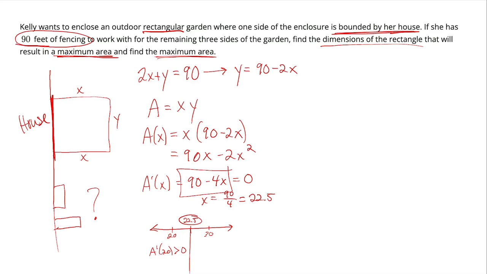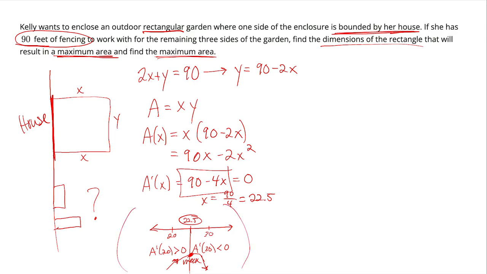Because it's 90 minus 4 times 20, which is 80. So increasing, so that's good. Then plug a 30 in, what do you get? 4 times 30 is 120. 90 minus 120 is certainly a negative, so that's decreasing. Aha! So we do, in fact, get a maximum. So that's just our checking.